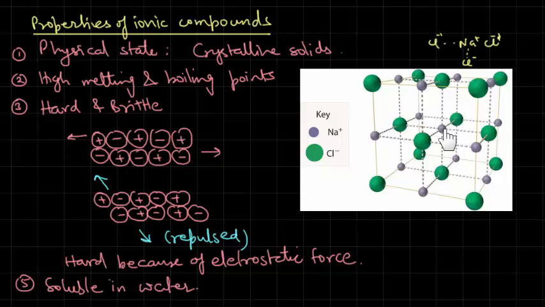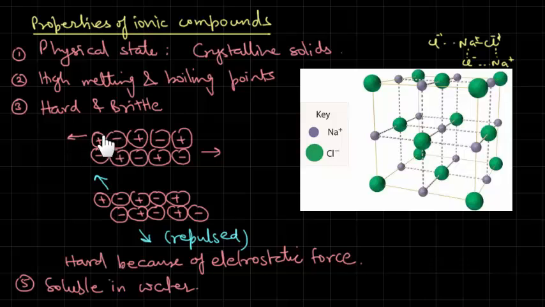Brittle. As you can see here, this Na plus is attracted to Cl minus, and it will be Na plus here and Cl minus here, and this is the structure of your lattice. So a positive cation is surrounded by negative anions.